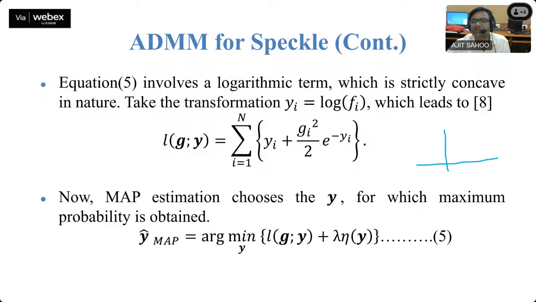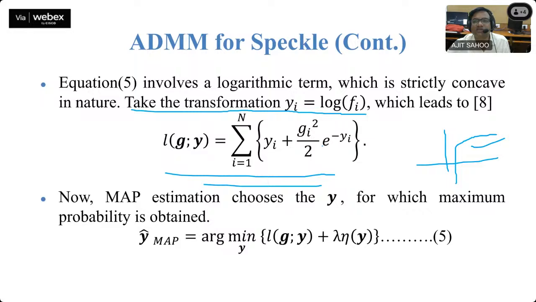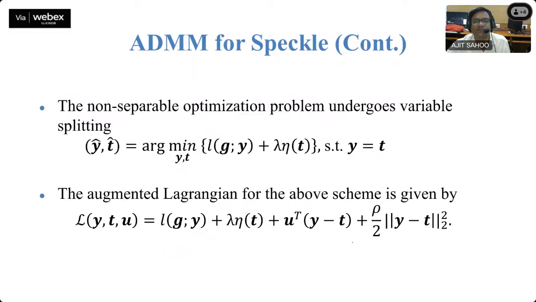If you see, the logarithmic function has a curve like this, so this is a concave function. So take the transformation y equal to log f_i, which leads to this. Now it becomes convex after the transformation. The MAP estimation chooses y for which maximum probability is obtained, so the y MAP estimation is arg min over y of LGY plus eta of y.